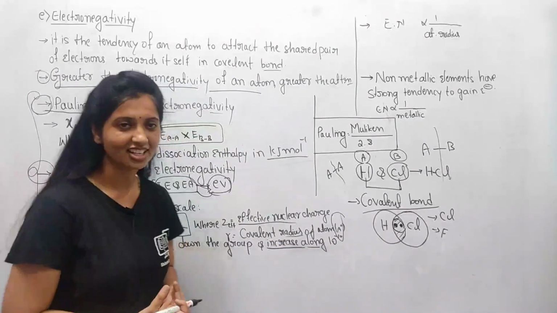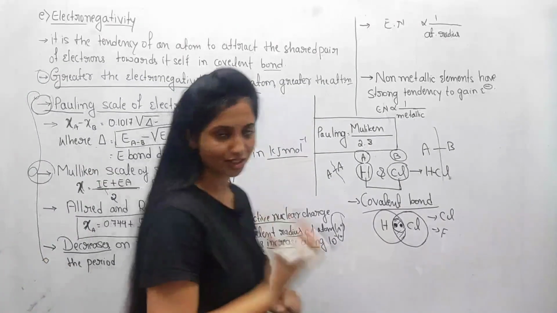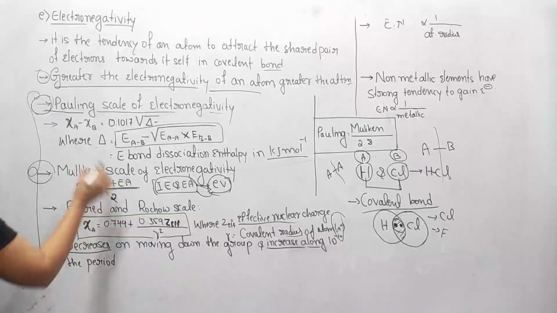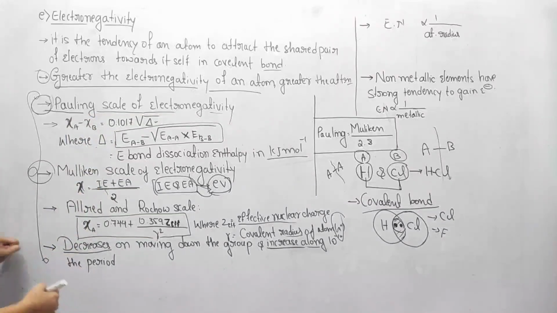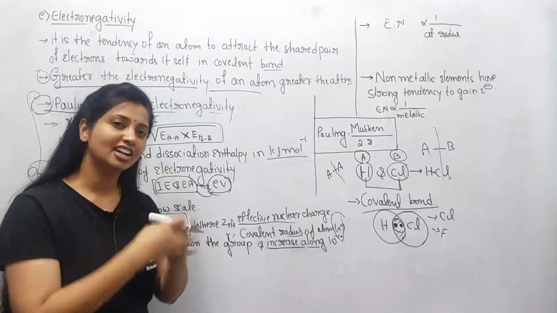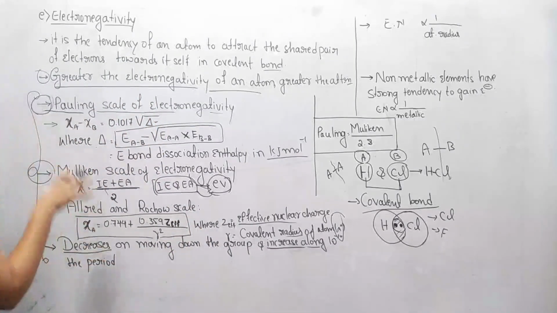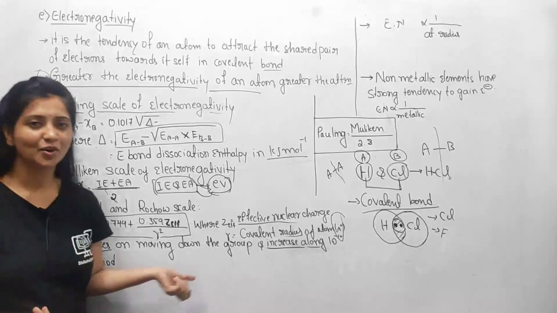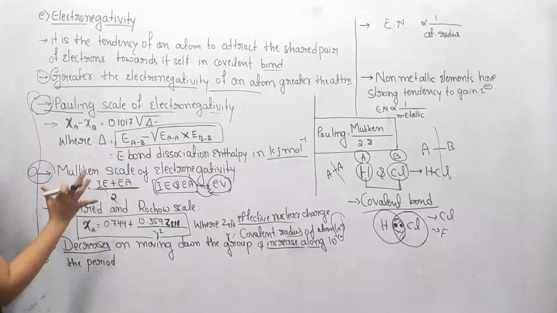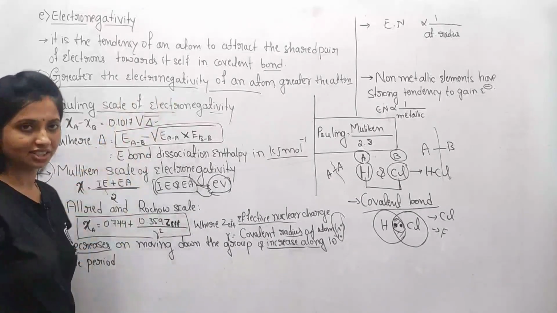Just observe the data given in your question. By using that given data, you compare these three scales. Whichever scale of electronegativity is suitable for that data, you can then calculate the electronegativity of the given atom easily. I hope you are now clear about these three types of scale to measure the electronegativity.